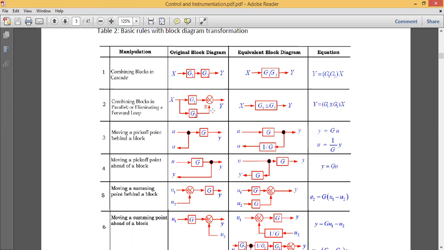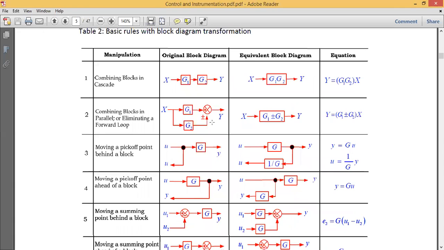If you look at this original block diagram, G2 has a plus or minus sign, and G1 has only plus. In such a scenario, you take both. If the blocks are in parallel, they are added, or they can be subtracted also. That is why the equivalent block diagram shown is G1 plus or minus G2.